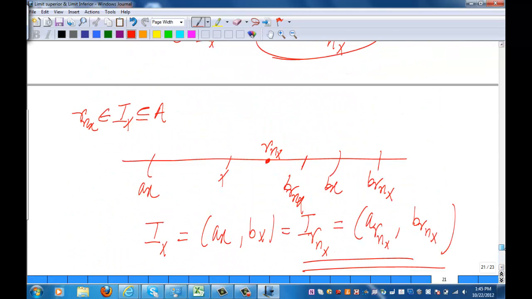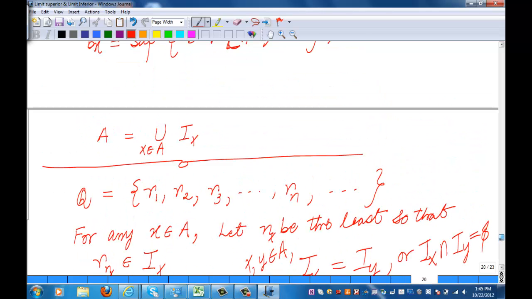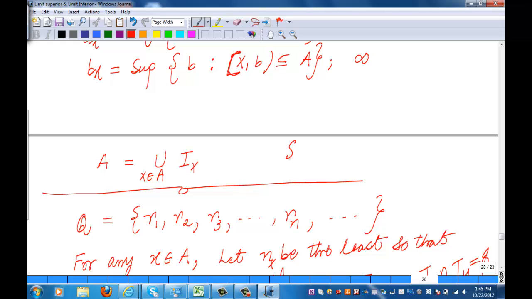Then I said, okay, here is one of the arguments. Right now I have the set of all Ix. That might not be a countable collection, and as you saw, these Ix are not all different, because once I find Ix, for any Y in Ix, Iy is also the same as Ix. So I don't know if the Ix's are countable.